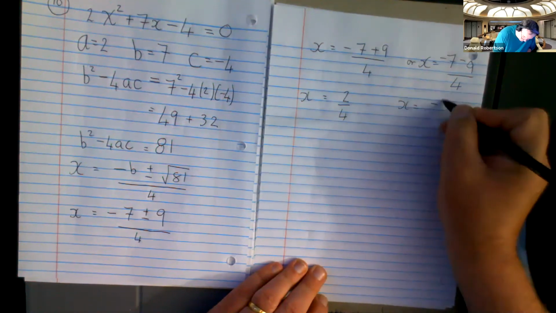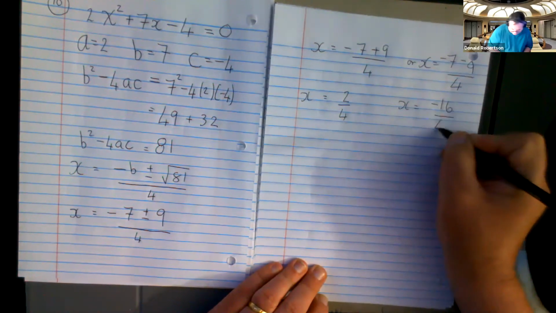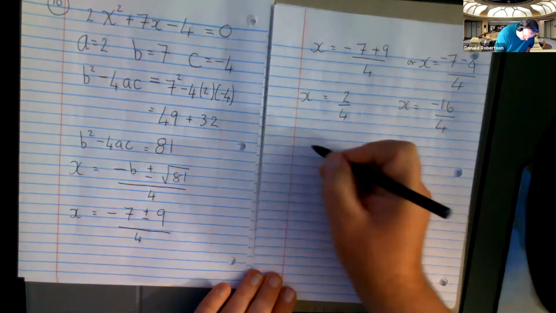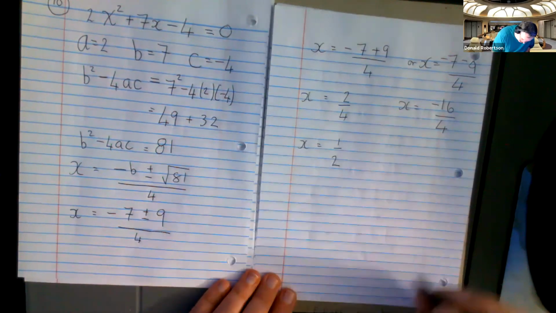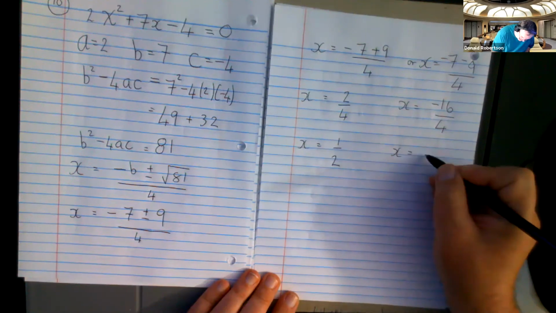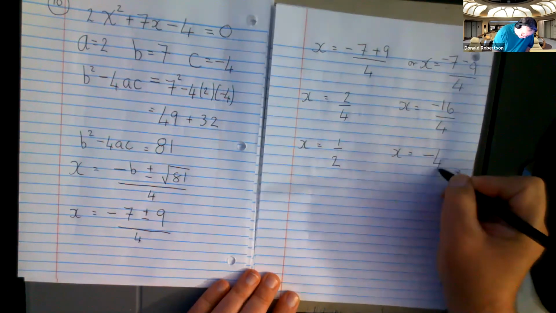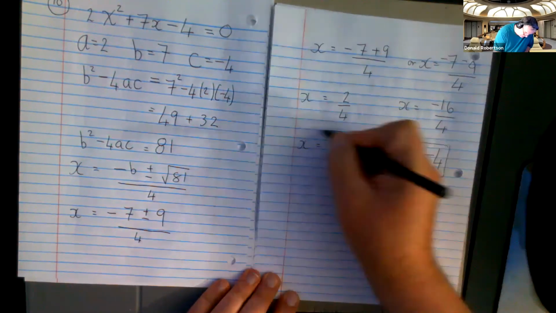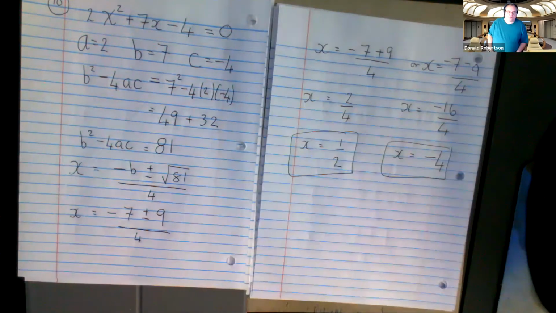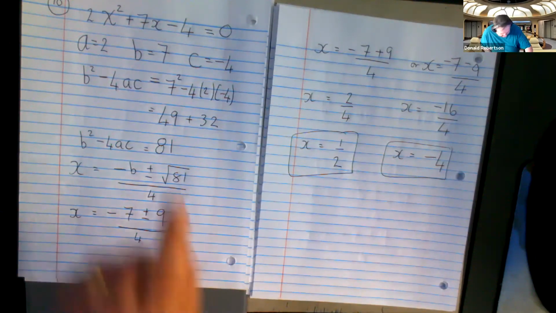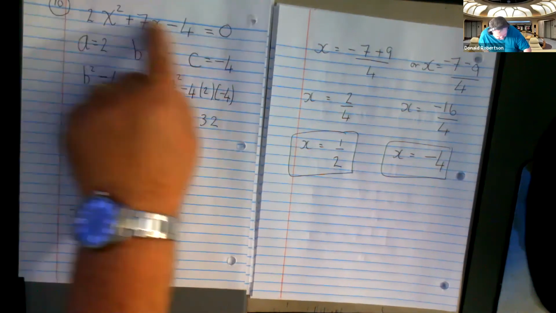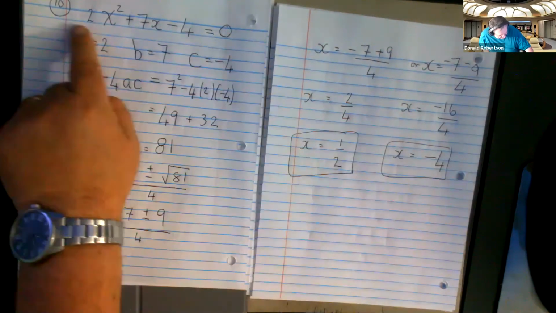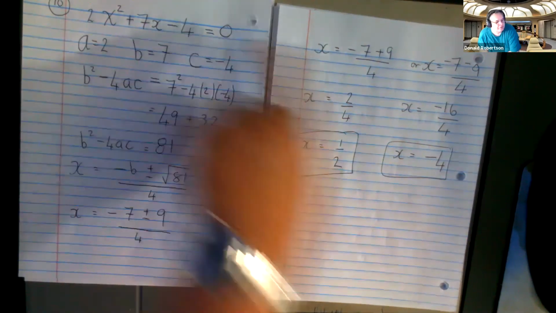I get -16 for the top two numbers over 4. This guy gets me 1/2, and this guy gets me -4. So there are two solutions to this quadratic equation. If you plugged in 1/2 here, I bet you the whole thing would equal 0. If you plugged in -4 here, I bet you the whole thing would come to 0. They do work.